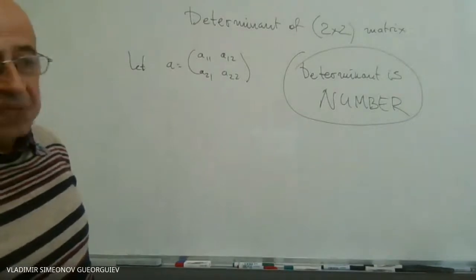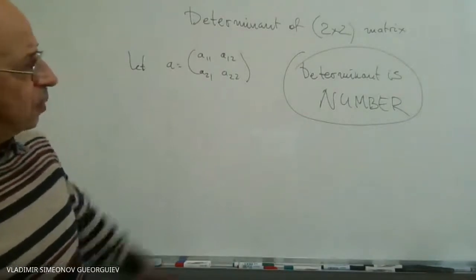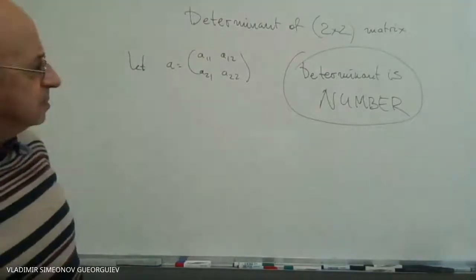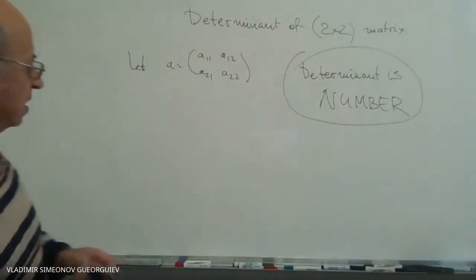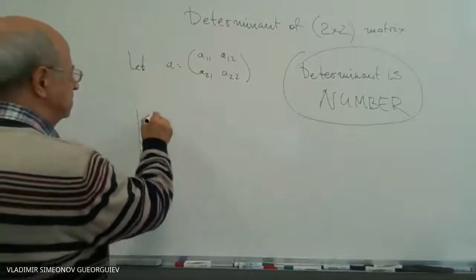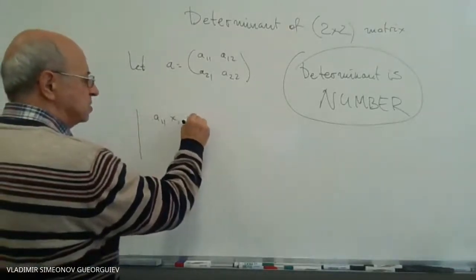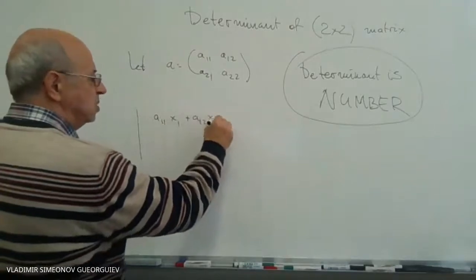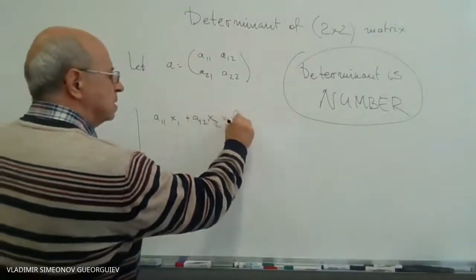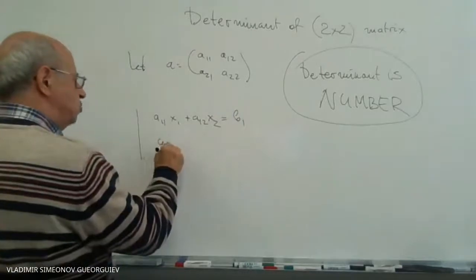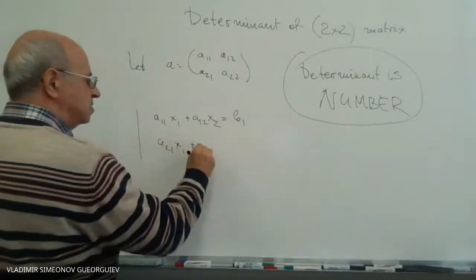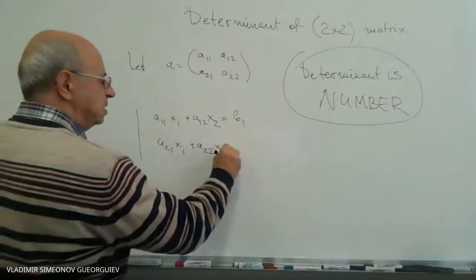And to understand how the determinant is defined, start with a very simple example: A11 x1 plus A12 x2 equals B1, A21 x1 plus A22 x2 equals B2.